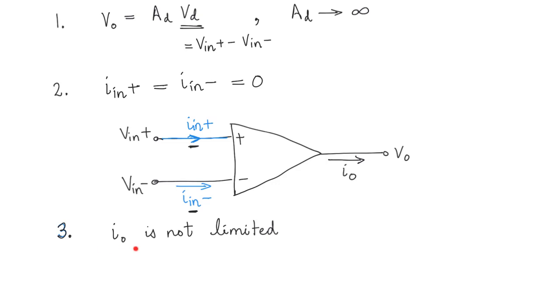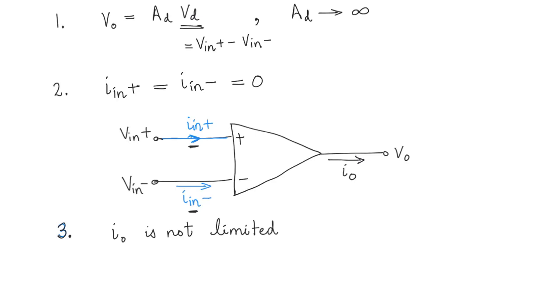What we are saying is there is no limitation for the output that the op amp can supply. Now, what that basically means is that this op amp can supply an infinite amount of energy to its output. Now, we know that that's not true, but I think in an ideal op amp, it is helpful to make that assumption, because then we don't have to worry about what is being connected here, because whatever is being connected, this op amp will be able to supply enough power to it so that the op amp is not loaded.